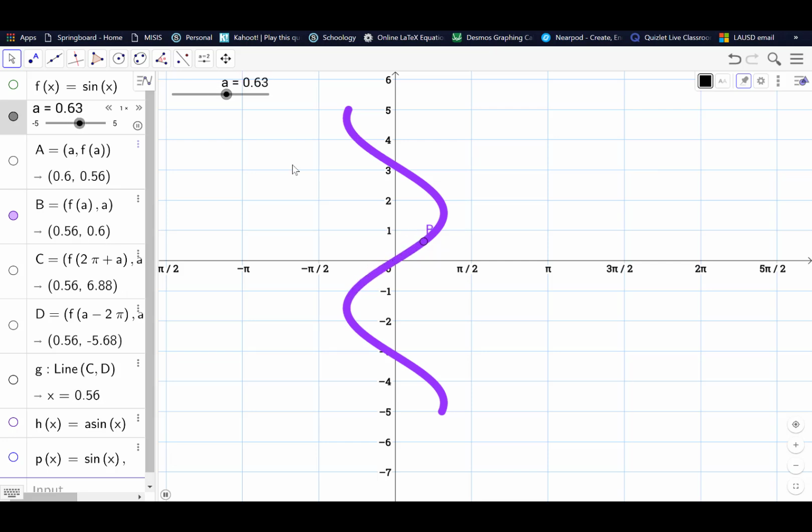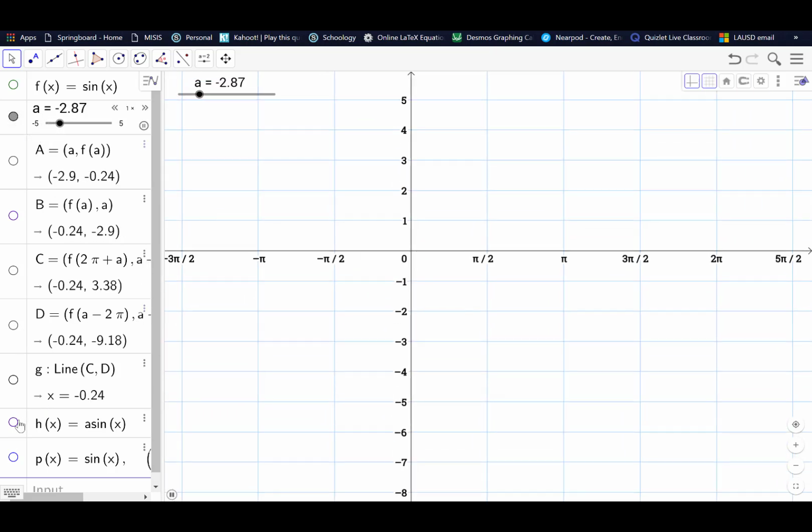So we have to think, how can we restrict the domain so that this will be a function? Well, I can't restrict it from 0 to pi because then I go like this. So what we need to do is restrict the domain from negative pi over 2 to pi over 2.